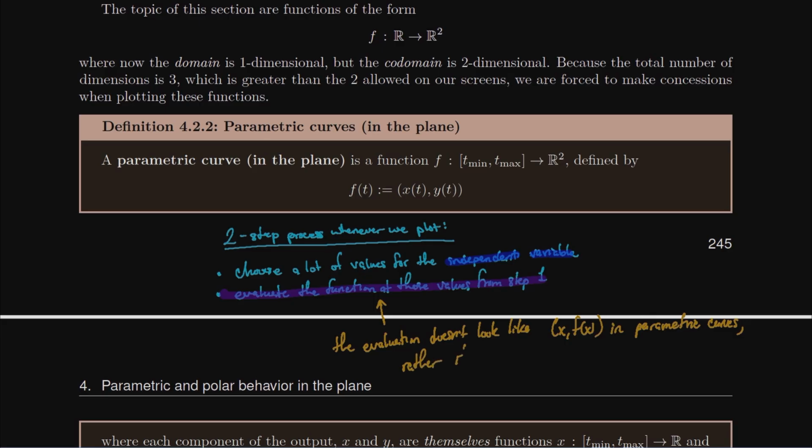Rather, it is x of t, y of t, where, and I should have really said this for step 1, t happens to be our independent variable. This is now our independent variable. But if we think about what that means for plotting, we're still plotting xy points, xy coordinates.